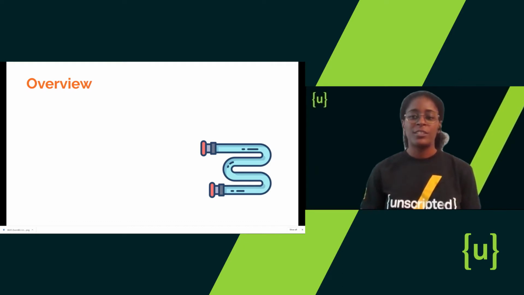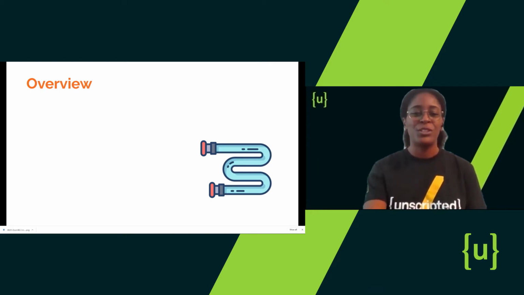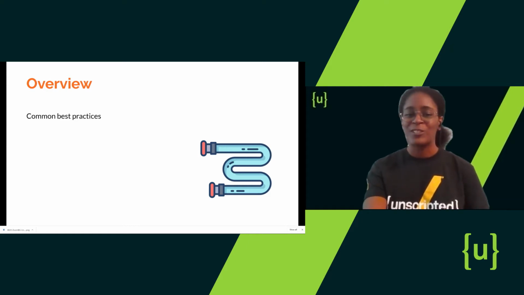So I always like to start with just a quick overview of what we'll be going over, just in case you want to zone out for a little bit. You can come back at the points you really want to hear about. So the first thing we'll talk about are just some of the best practices in CI/CD. Make sure that you have all of those foundational things in place first.